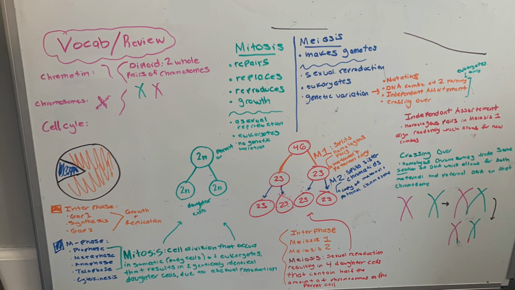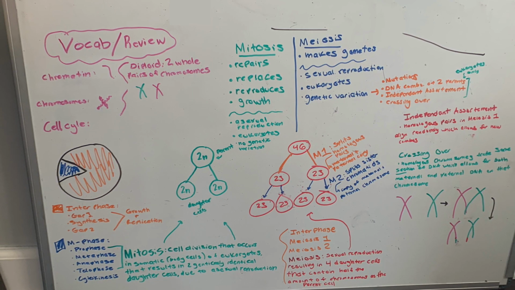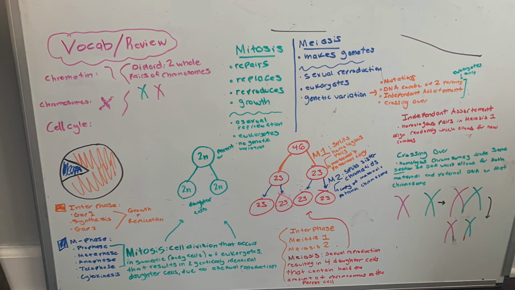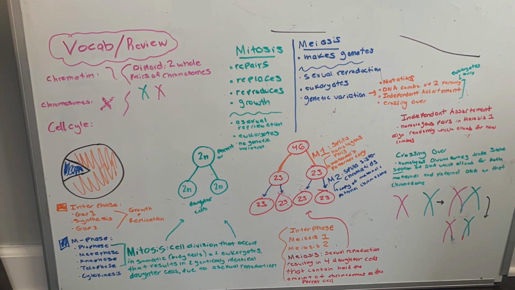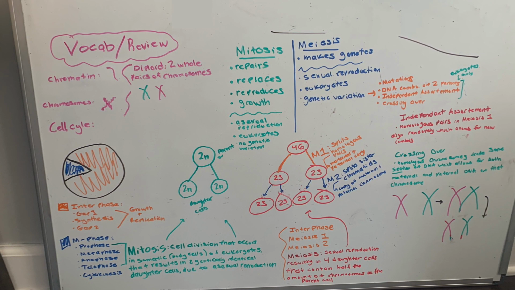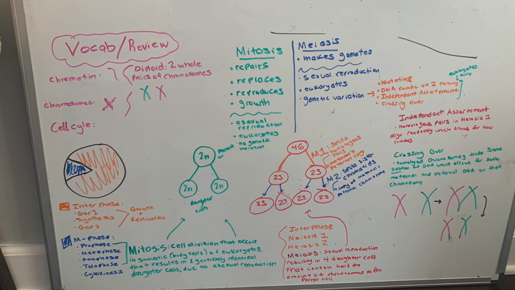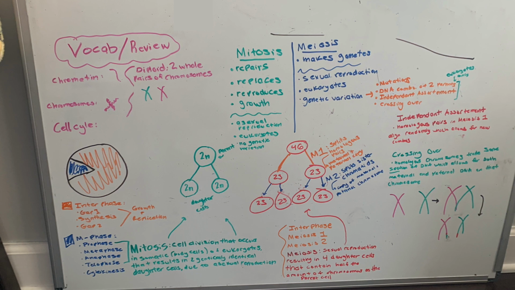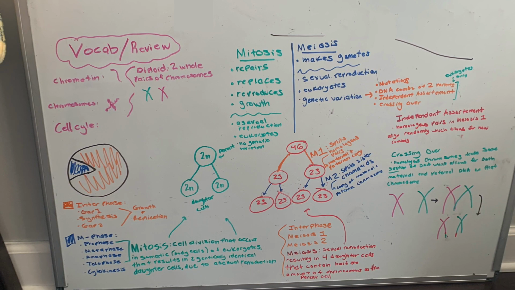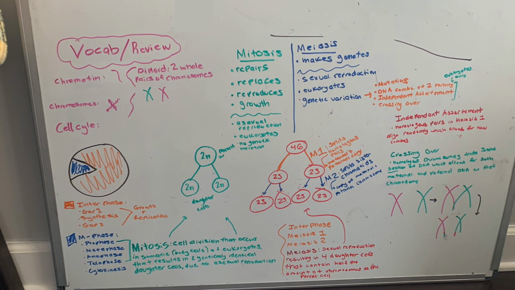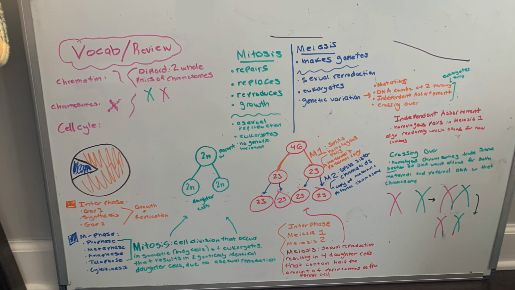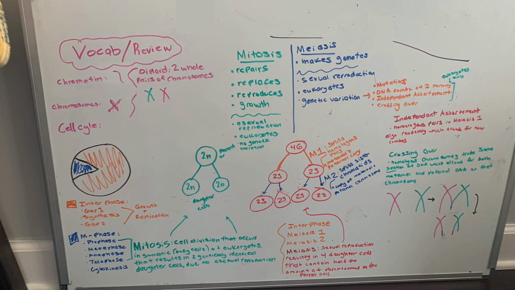So in meiosis, there's a lot of genetic variation, whereas in mitosis, the offspring is identical. And mitosis happens in M phase, so those steps are prophase, metaphase, anaphase, telophase, cytokinesis. And then during meiosis, there is also interphase, meiosis 1, meiosis 2, which leaves us with the outcomes of both mitosis and meiosis.